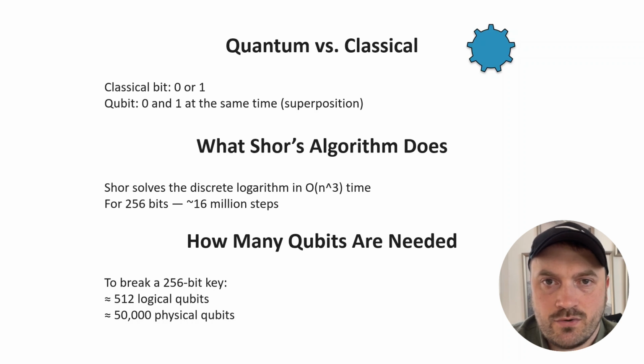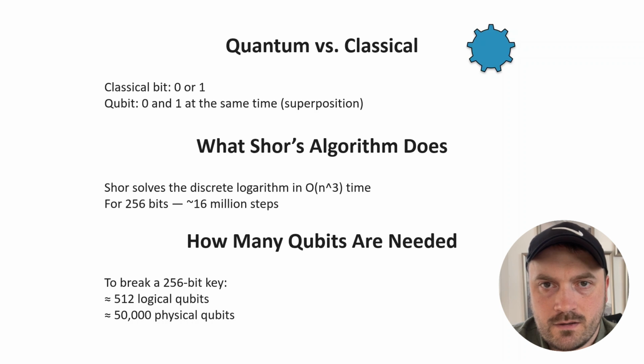ECDSA is based on the equation, like I said before, P equals D times G, where D is a private key, unknown, G is a fixed point on the elliptic curve, and P is a public key, and it's known.